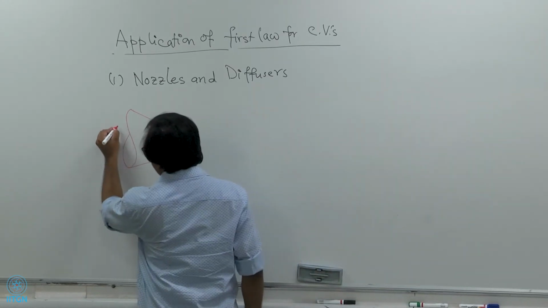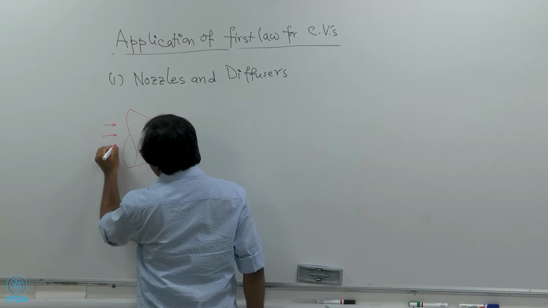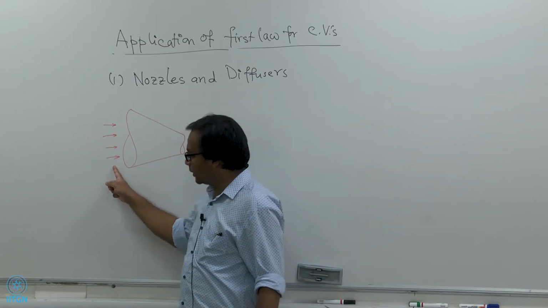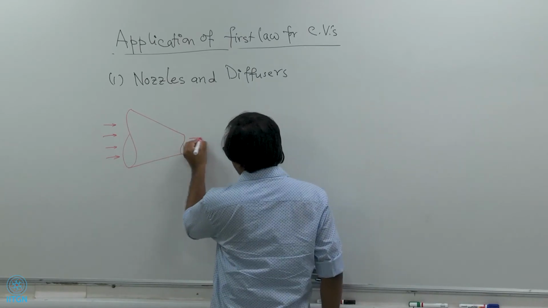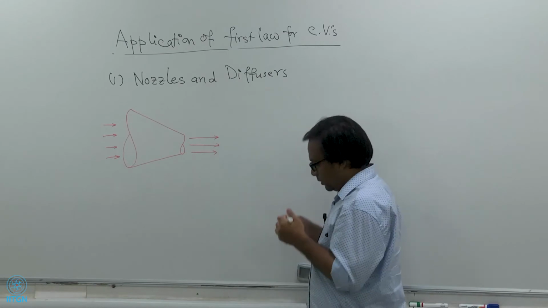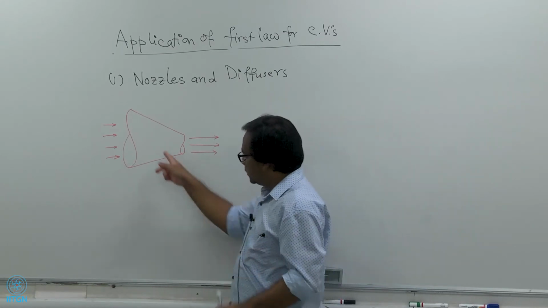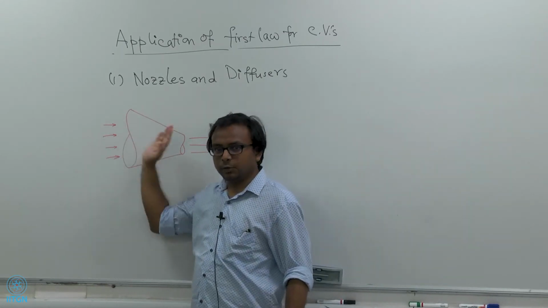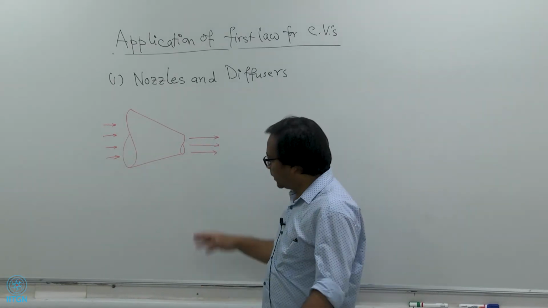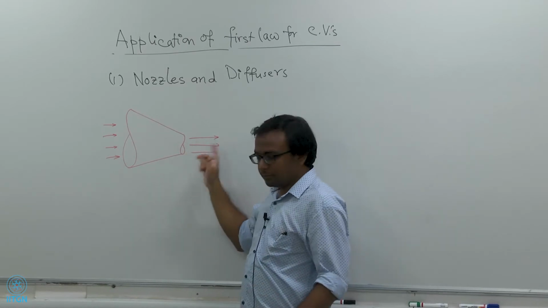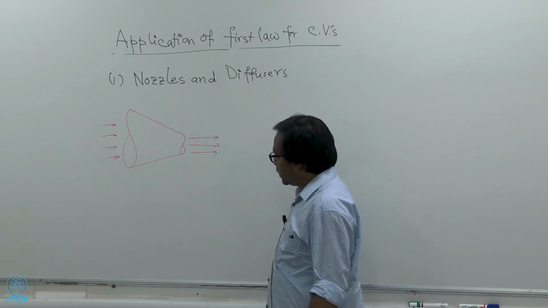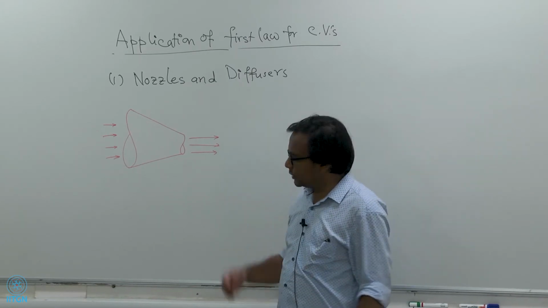So, you have some inflow and usually the velocity is very small at the inlet, and then by squeezing the area of flow, this nozzle speeds up the fluid. So, it takes in fluid which is flowing at a very small velocity and it accelerates it to a very large velocity. That is basically the purpose of nozzles.